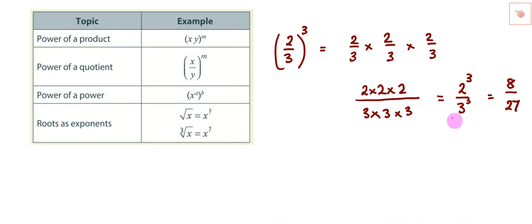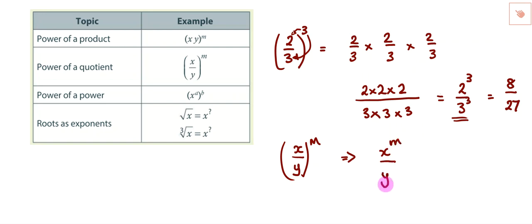But this is the bit I'm interested in this time round, because you can see that the 3 has applied to the numerator and the denominator separately. So in this case, if we generalize it, x divided by y to the power of m becomes x to the power of m divided by y to the power of m. Right?